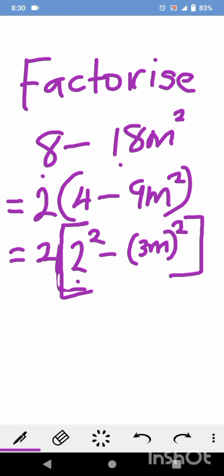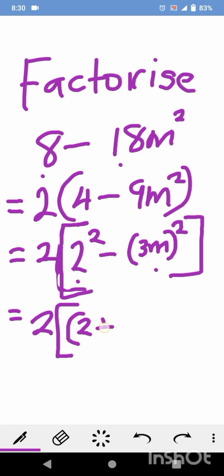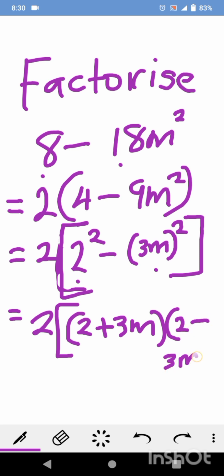So this is our a, this is our b. So the difference of two squares form will now hold. So this becomes 2 square brackets, open brackets 2 plus 3m, open bracket 2 minus 3m. All right, so that is the factorized form of the given expression.